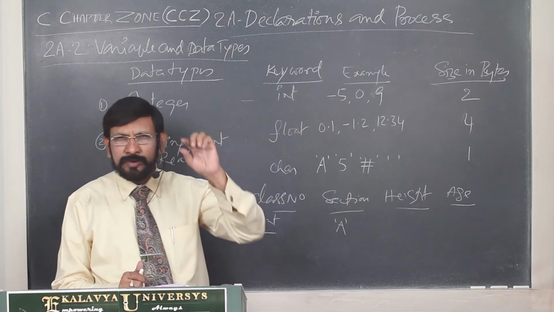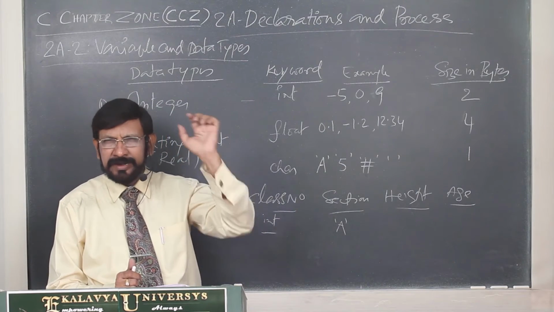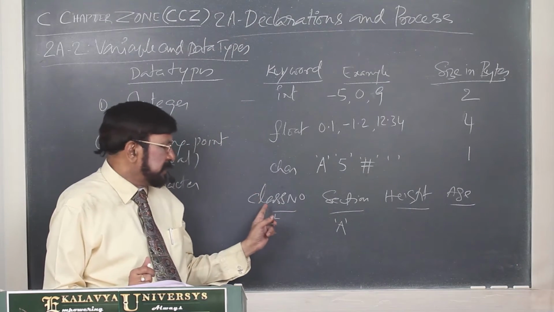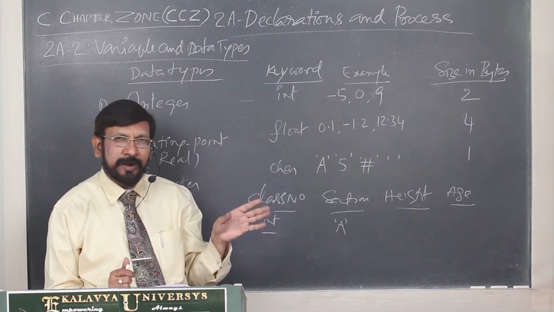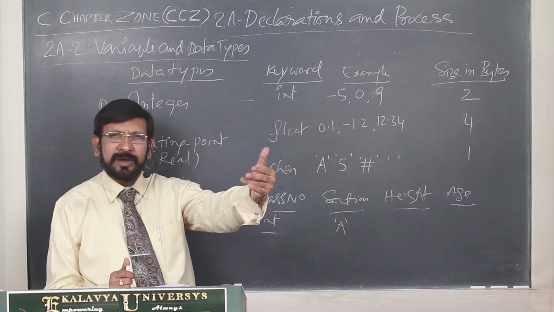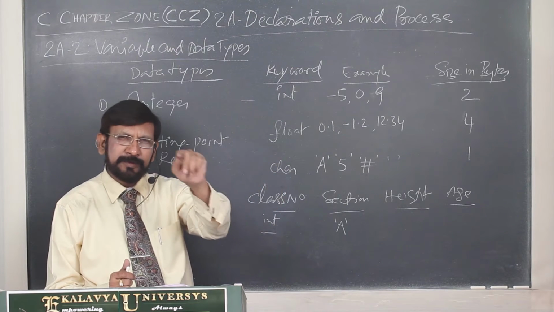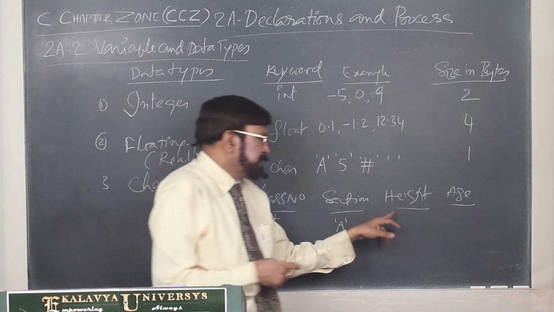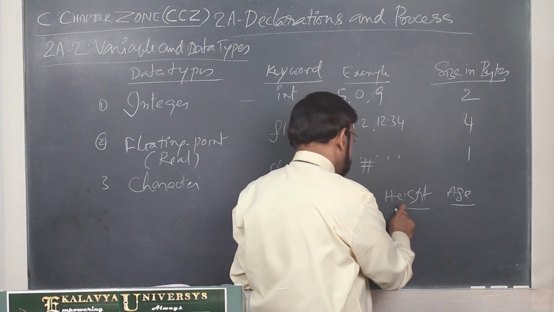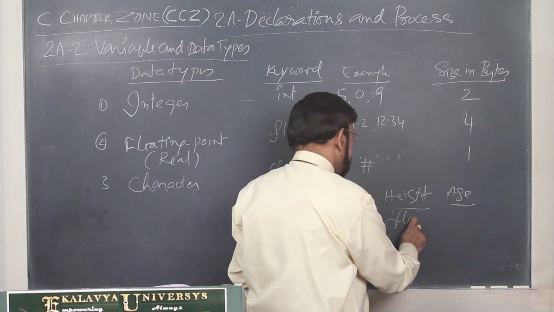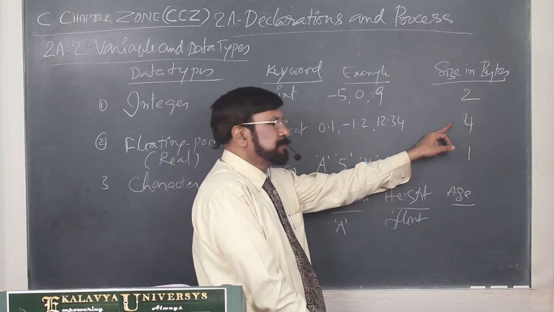Height: even if your height today is exactly 5, you should not take it as integer type. It is not prudent, because after a few months your height may be 5.1. So what is the right type? Float. It requires 4 bytes of memory.